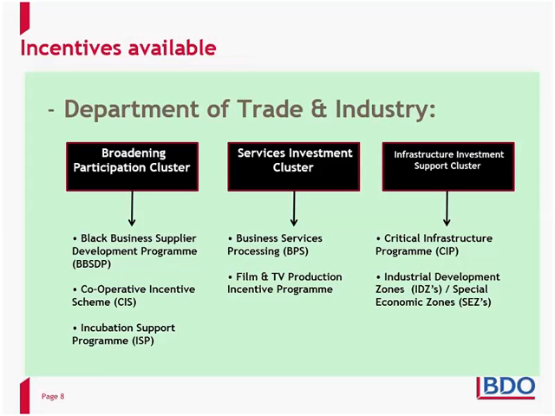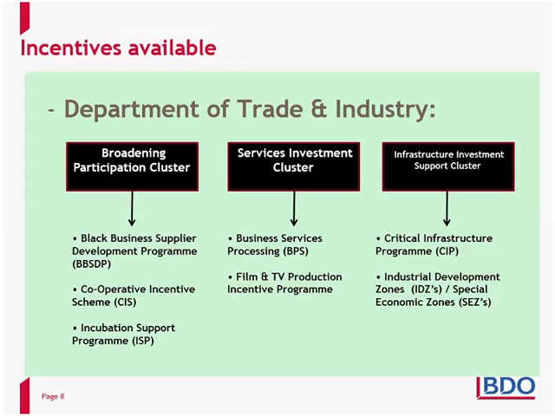Then we have the Services Investment Cluster, which administers the Business Services Processing Grant, which is available to call centers, as well as the Film and Television Production Incentive Program.